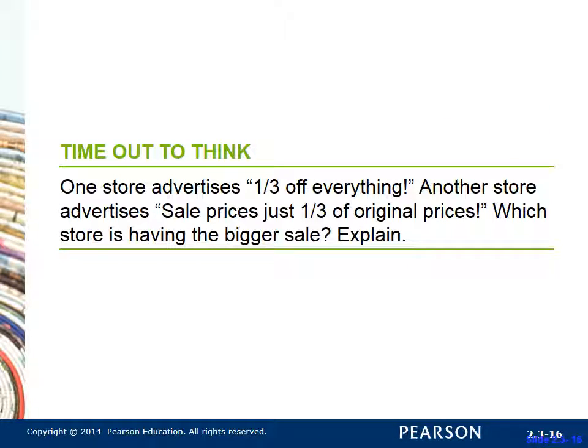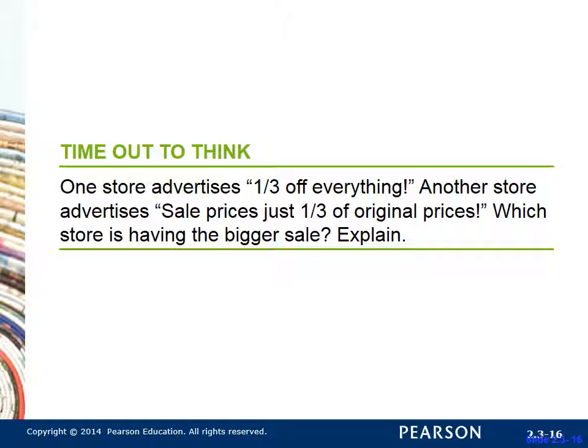All right, so let's think about this in terms of sales at the store. This is always interesting to me because if you know your math, sometimes you can catch the salesperson making a mistake here and get more off of an item than what they're trying to tell you. I've done this several times. So if you have one store advertising 1/3 off everything and another one says sale prices are 1/3 of the original, which one's having the bigger sale?